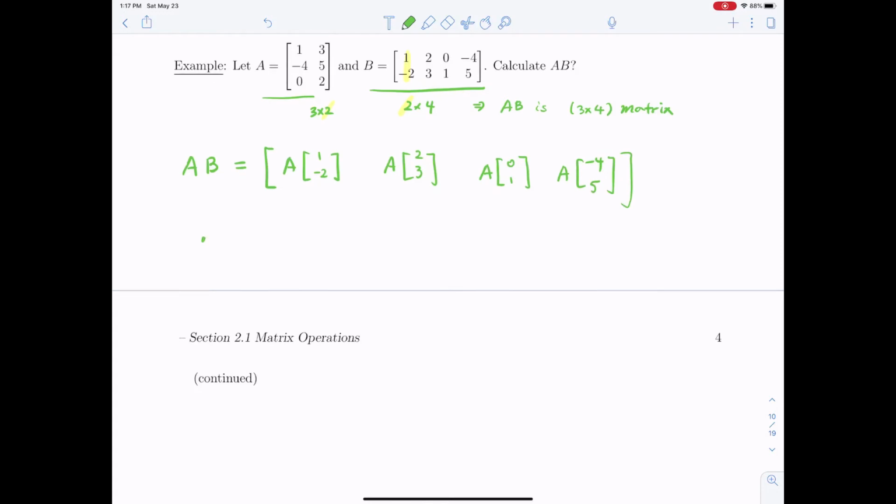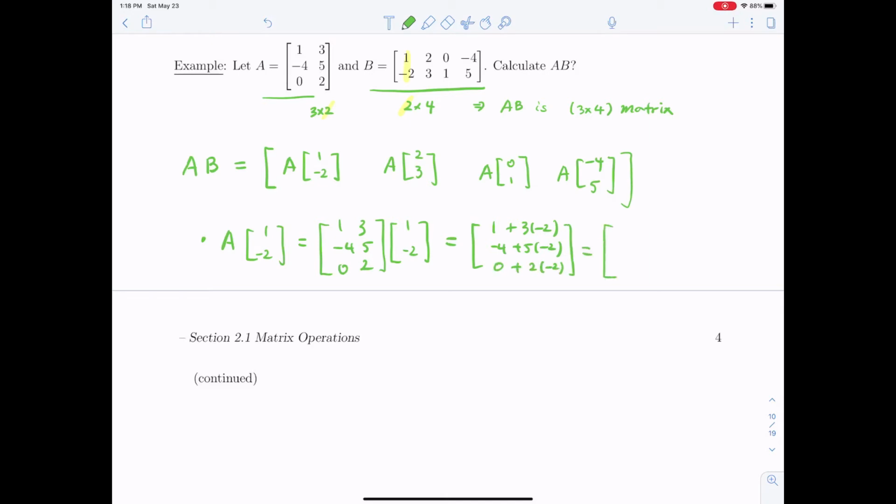First, A times 1, negative 2, where A is 1, 3, negative 4, 5, 0, 2, times 1 and negative 2. This equals 1 plus 3 times negative 2, negative 4 plus 5 times negative 2, and 0 plus 2 times negative 2.